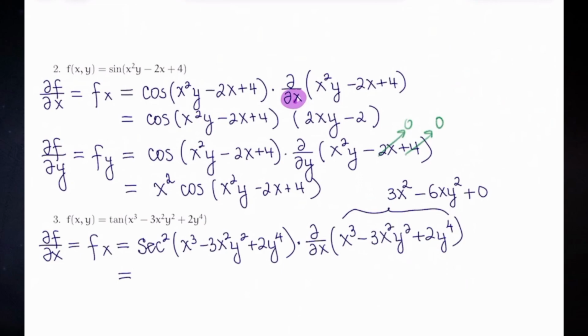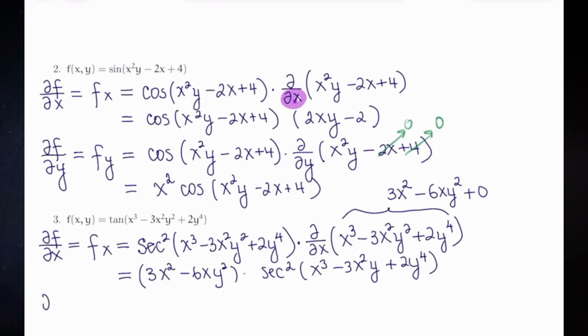So my answer for this portion would be 3x squared minus 6xy squared times secant squared of this expression. And that's it. That's as far as we can go. There is no way to simplify anything here.